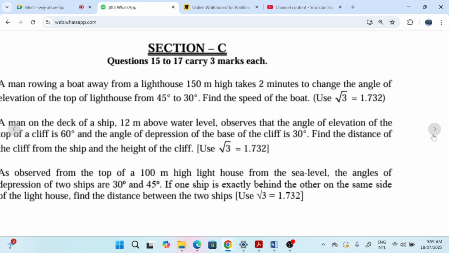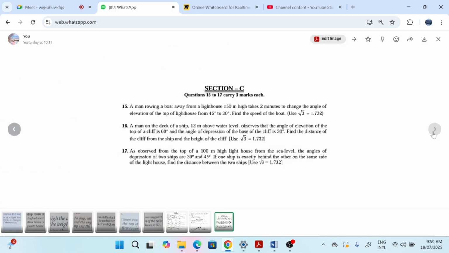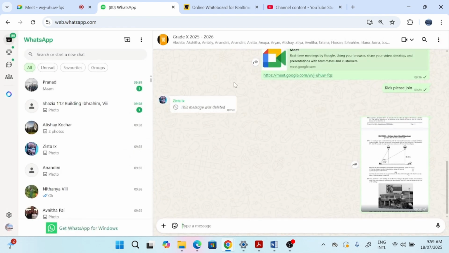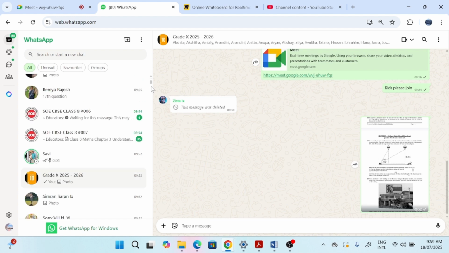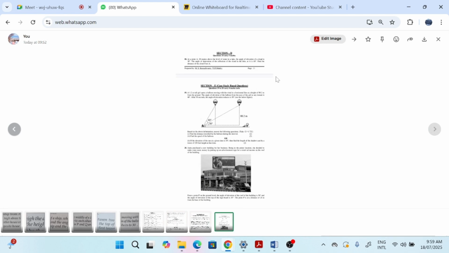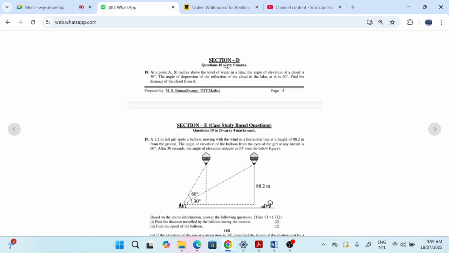So let me just go to the next question. Ma'am, in the 18th question, I think we did the 19th one already. Yeah, that was a practice. It's okay. You guys do it. Ma'am, in the 18th question, is it saying that something is standing on the edge of the lake?